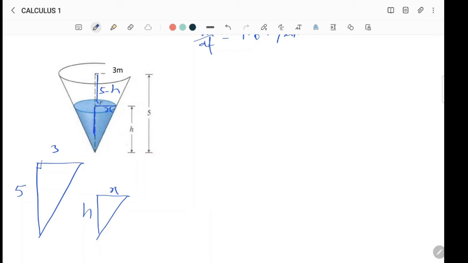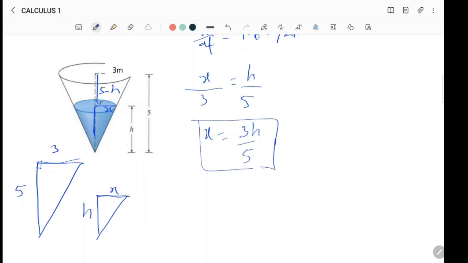Now similar triangle concept, so we can say x over 3 equals h over 5. So x equals 3h over 5. Okay, understood.